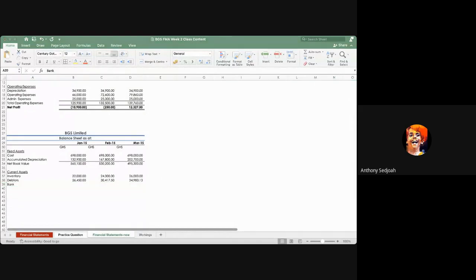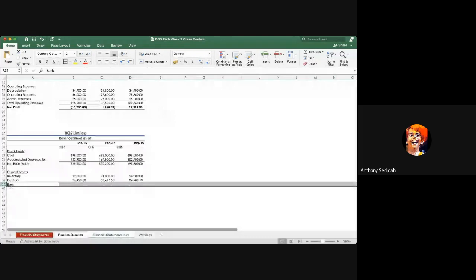It's the cash flow statement that is going to show you the cash that has come in, the cash that has gone out, and then you'll be able to get the balance that is remaining for each period. So when we do the cash flow and get the balance for each period, we can now fix it in our balance sheet as the bank balance over here.